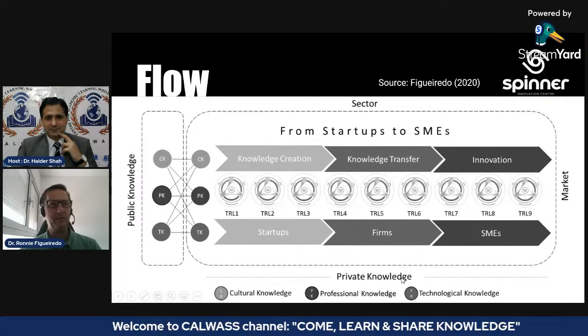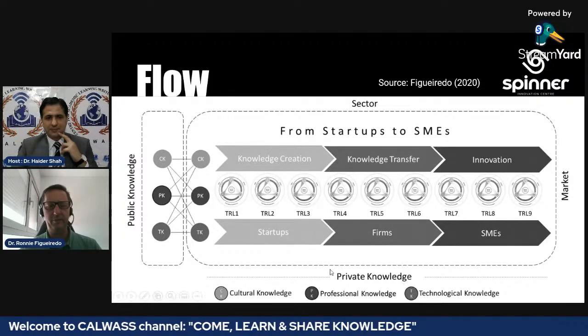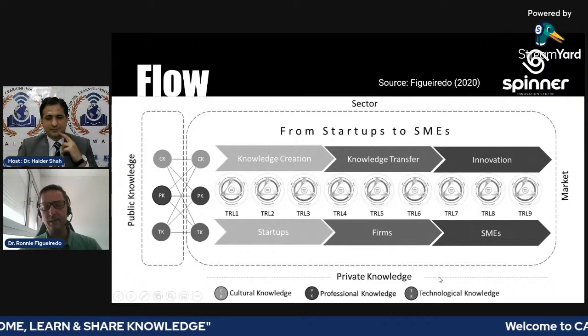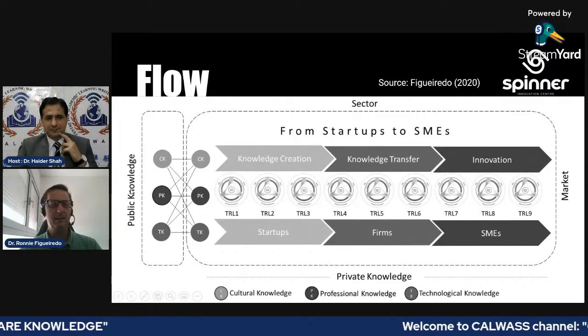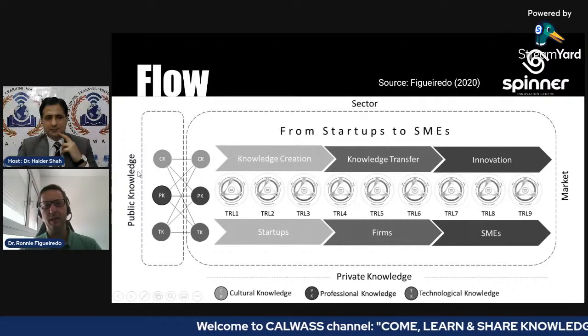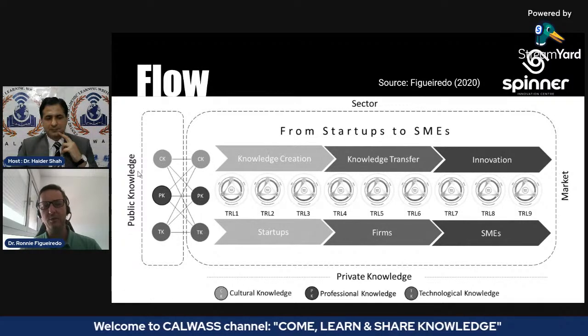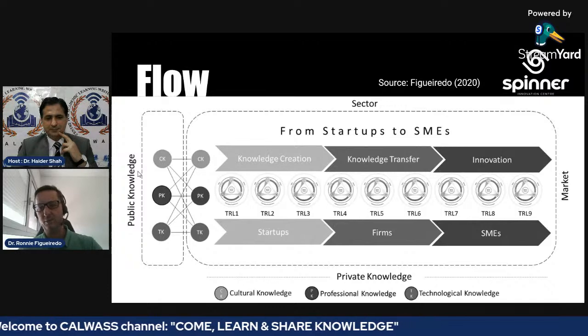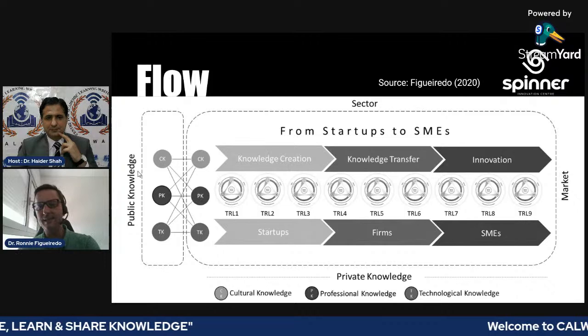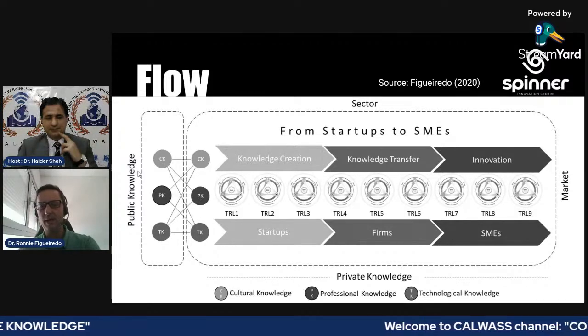As I explained to the audience, colleagues, and professor researchers, private knowledge is the knowledge that already exists inside the business, the enterprise, and public is the knowledge that is available and that you need part of to use inside this flow that I explained now. So the idea is to cross these 9 steps until arriving on the market.